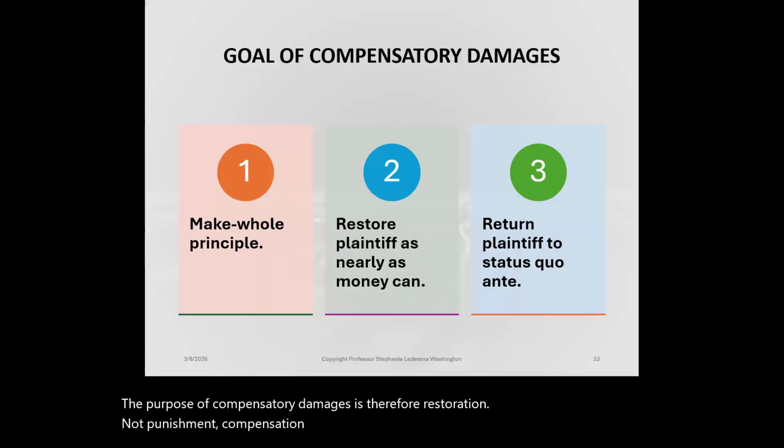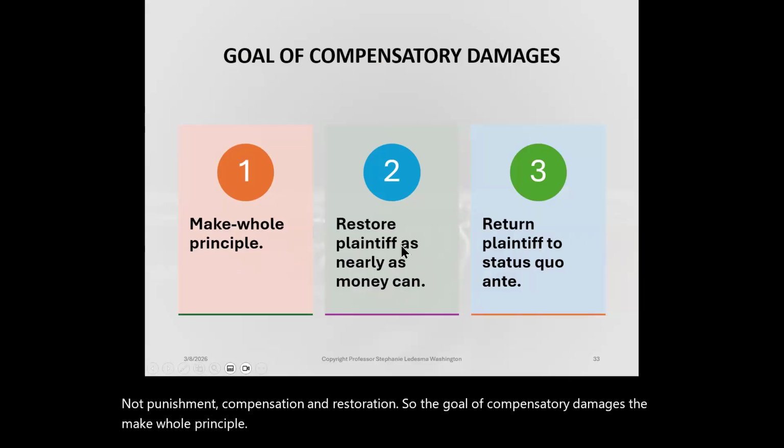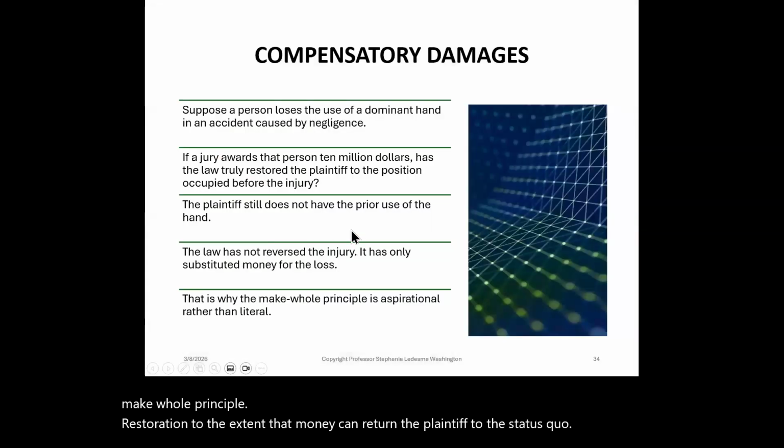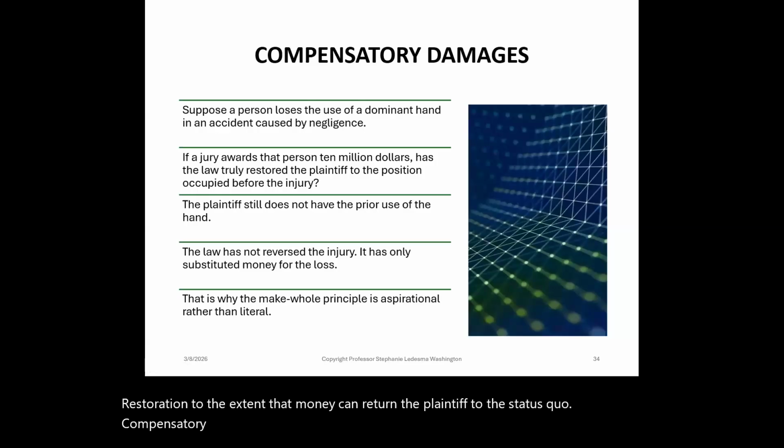So the goal of compensatory damages, the make whole principle, is restoration to the extent that money can, return the plaintiff to the status quo. Compensatory damages, right? Just look at the word compensatory. Compensate, right? Here's an illustration.